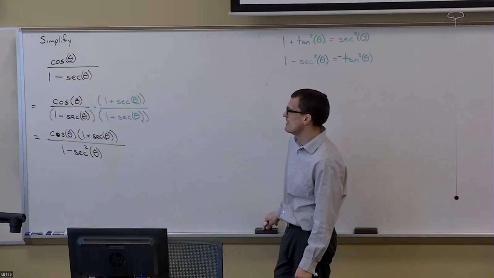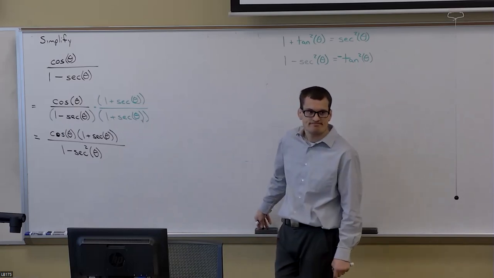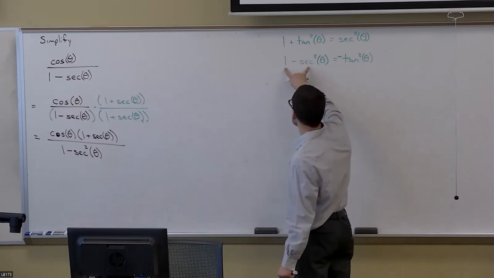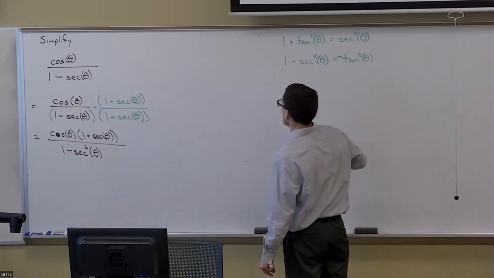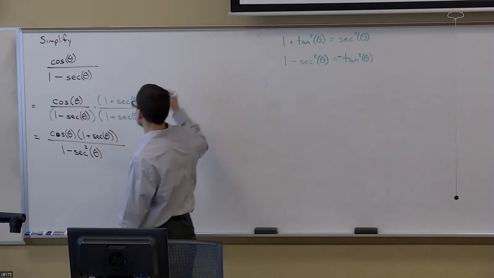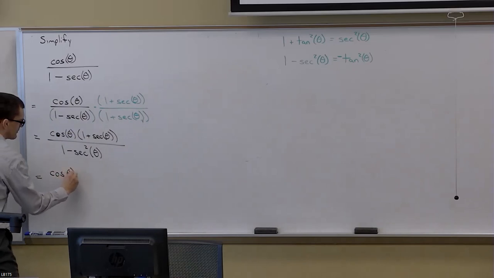Now, it's one of those things, whichever you want to choose first, I'm going to replace the 1 minus secant squared with negative tangent squared. When I do that, I'm also going to do another step.